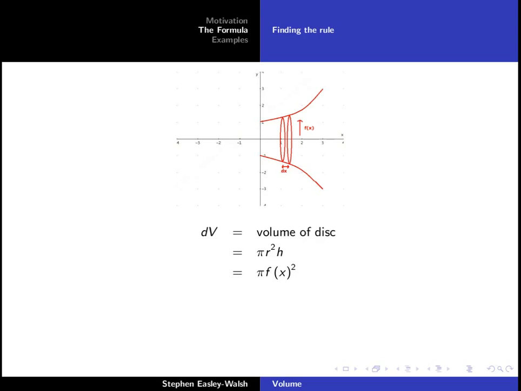By cross multiplying, we have dV/dx equals pi f(x) squared. So in other words, the derivative of volume is pi f(x) squared, and therefore the volume is given by pi times the antiderivative from a to b of f(x) squared dx.